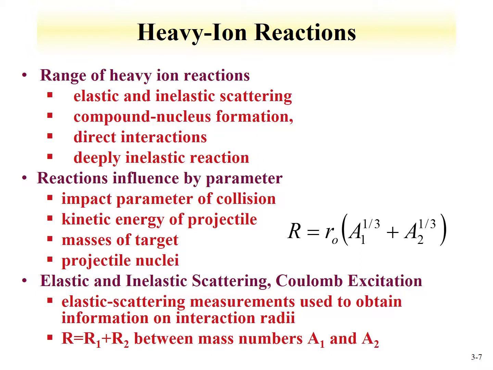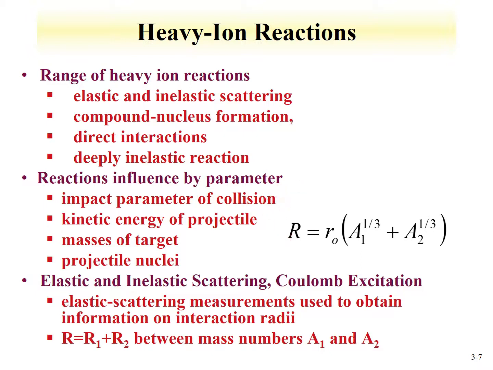One of the main differences between a heavy ion and a light ion like a proton is that the heavy ion during the reaction can donate some of its nuclear matter to the reaction, whereas with a proton it's either all or nothing. These reactions are influenced by the reaction parameter, which is a function of this impact parameter.